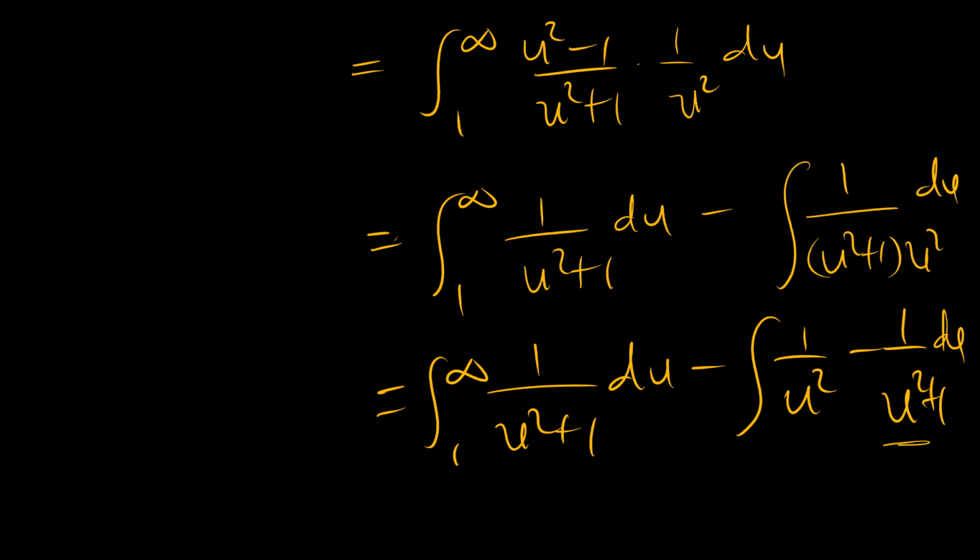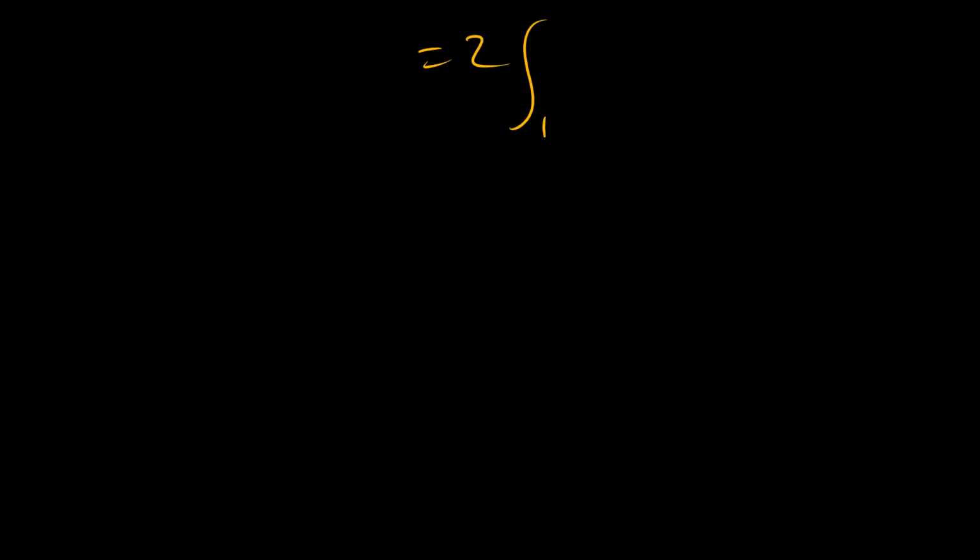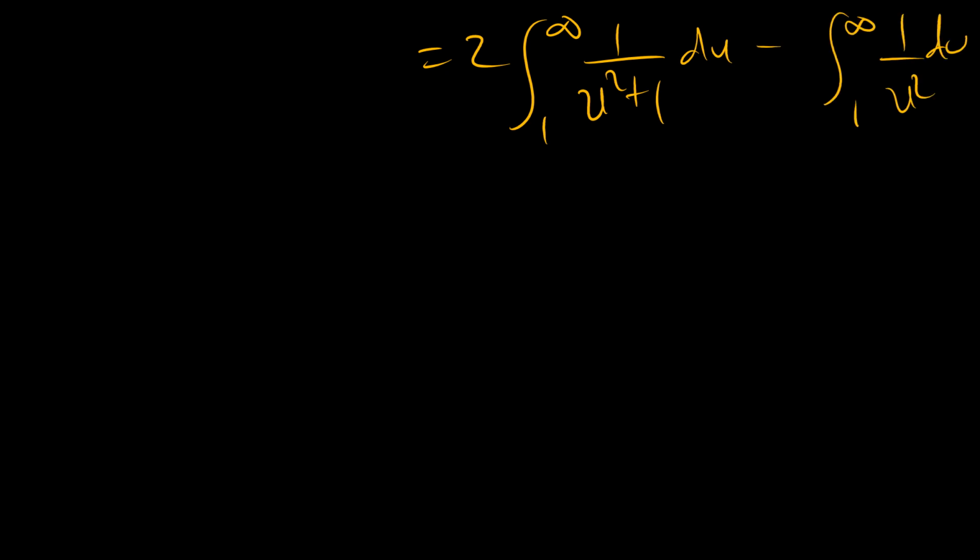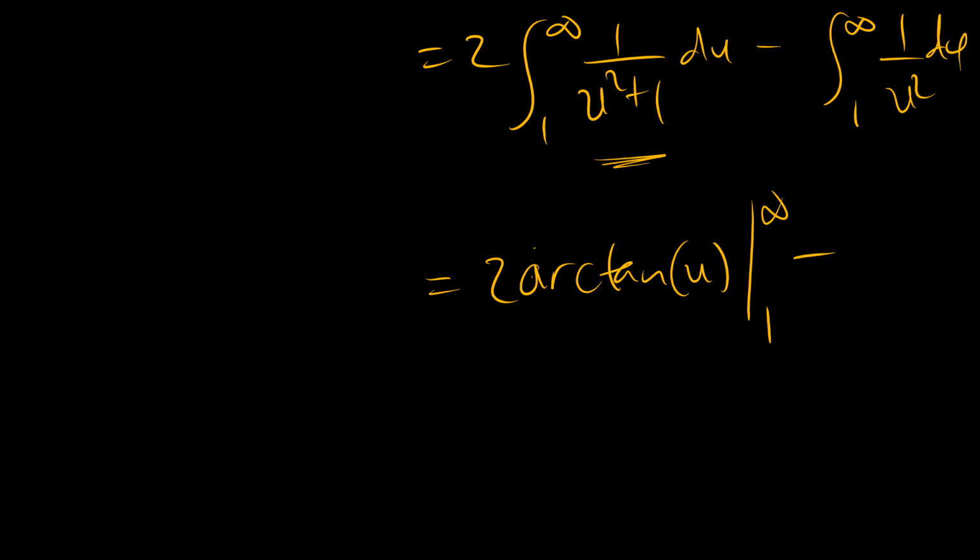And we can see that this is very similar to this, so we can bunch those together so that we have 2 times the integral from 1 to infinity of 1 over u squared plus 1 minus the integral from 1 to infinity of 1 over u squared. This is a very famous integral: 2 arctangent of u minus, this is the same as negative 1 over u, from 1 to infinity.